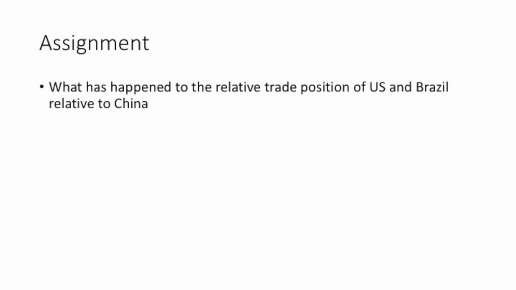Finally, our assignment this week is going to deal with the relative trade position of the U.S.-Brazil. We're going to give you data on Brazilian exchange rate relative to the U.S. dollar, China's exchange rate relative to the U.S. dollar, and then we're going to talk about how that has impacted trade between our 3 countries.